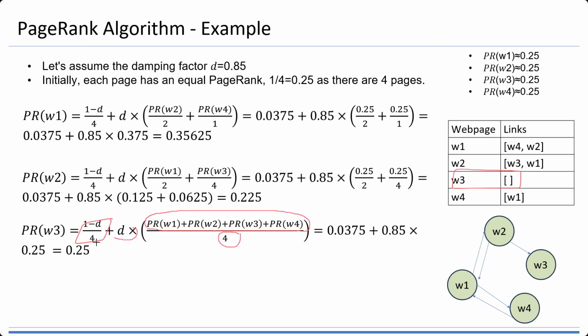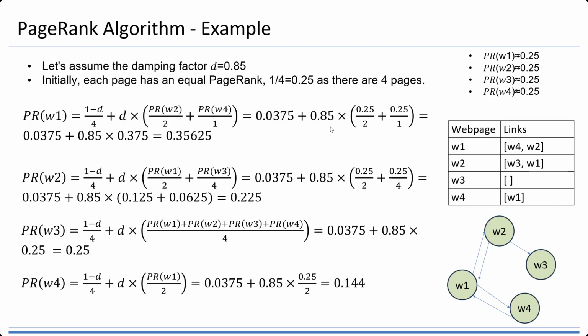And then we can get 0.7. And the last one is the page rank of W4. PR(W4) has one outgoing link, which is W1. So we just multiply with the page rank of W1. Then we can get this value.